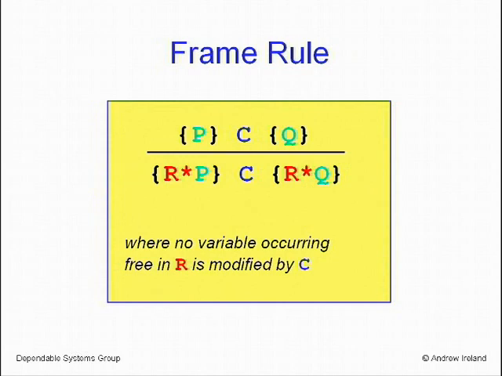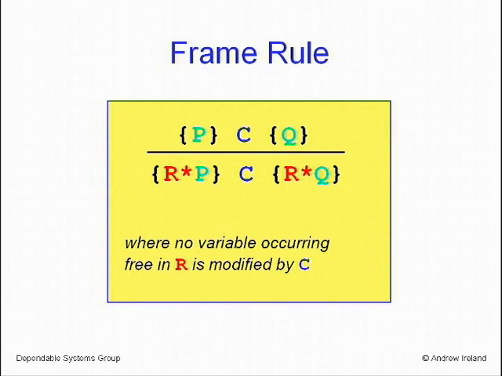If we think about using this rule in the backwards direction, we have a frame invariant, a frame axiom corresponding to R, and we're able to isolate just those parts of the specification which are relevant to verifying the code C in the middle using these Hoare triples.